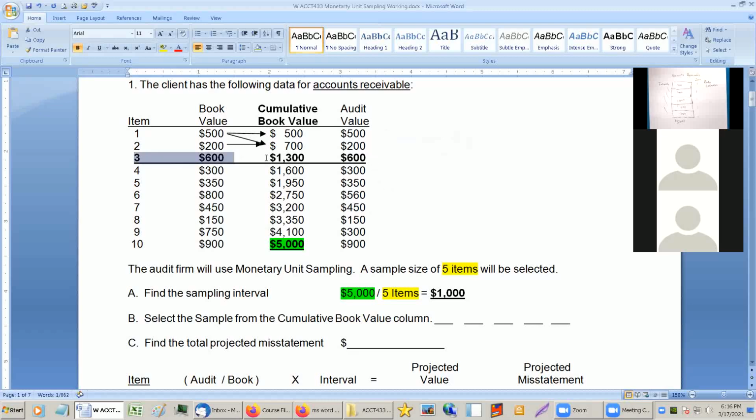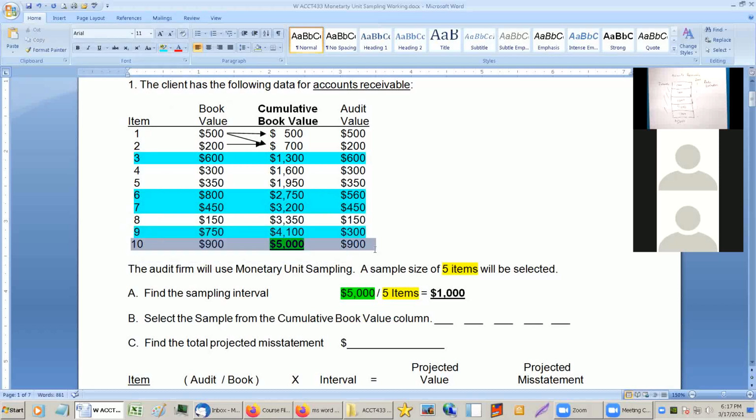Yep. So this crosses the $2,000 one. 7 crosses the 3,000. 9 crosses the 4,000, and the last one is that.